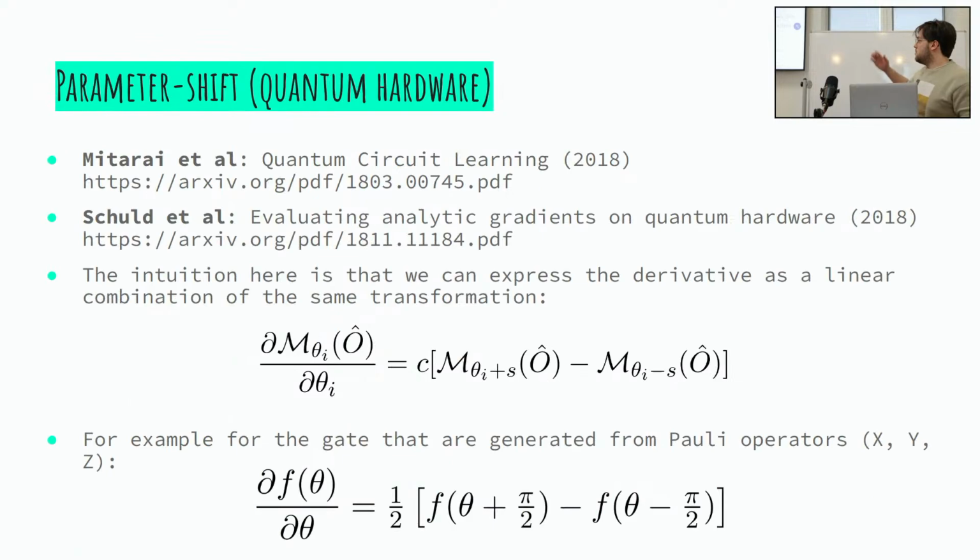Now, they came with a parameter shift rule that is for quantum hardware. So you have two main papers that introduced that in 2018.